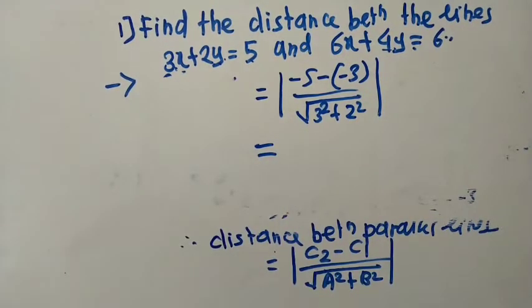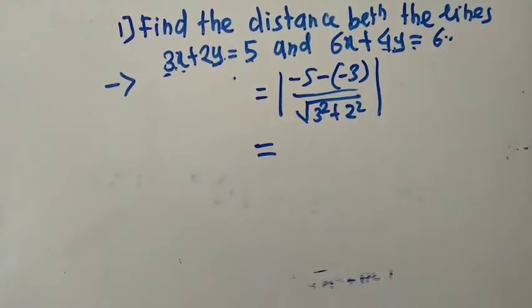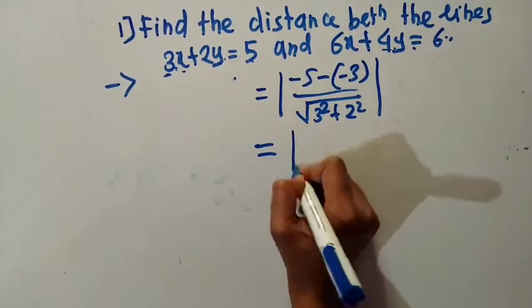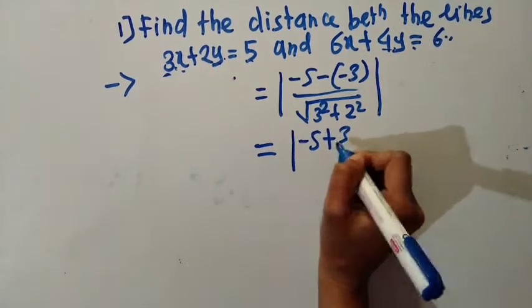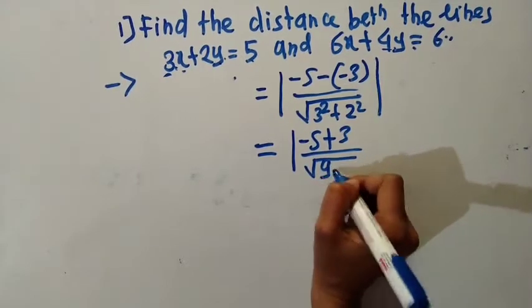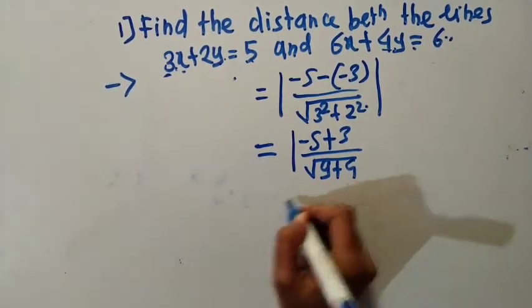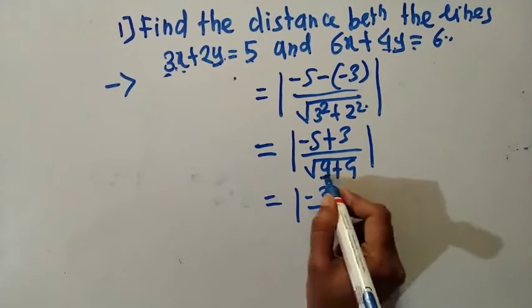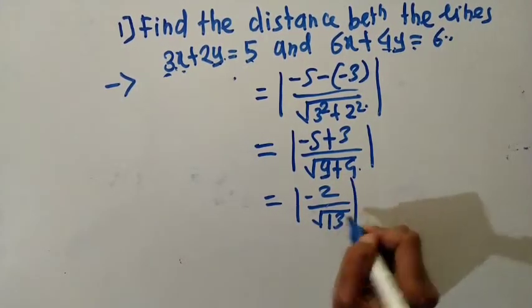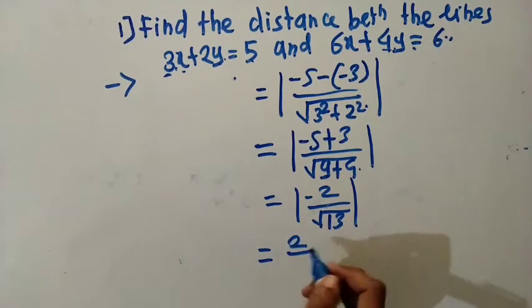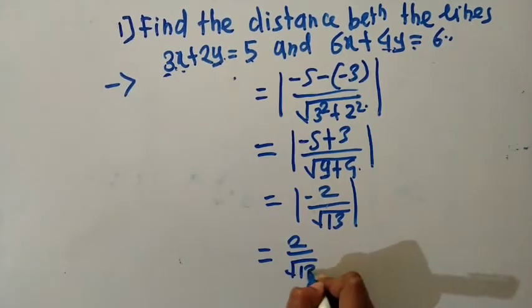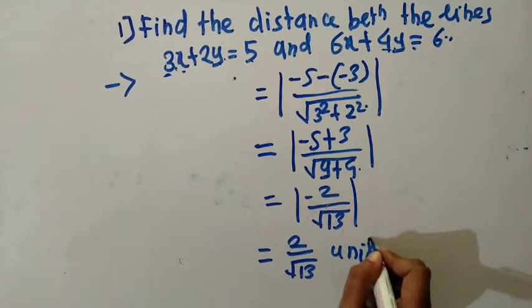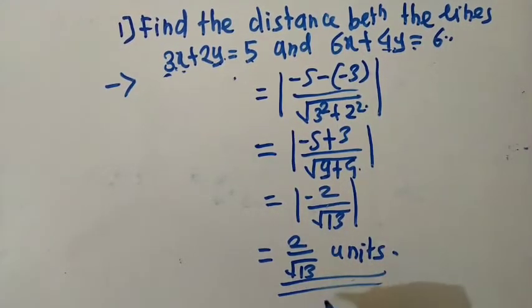Hence we get -3 plus 5 upon root of 9 plus 4, which is 2 upon root 13. Hence the distance between them is 2 upon root 13 units.